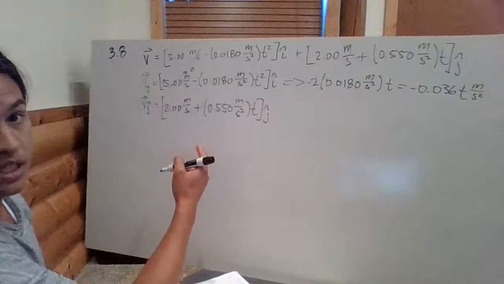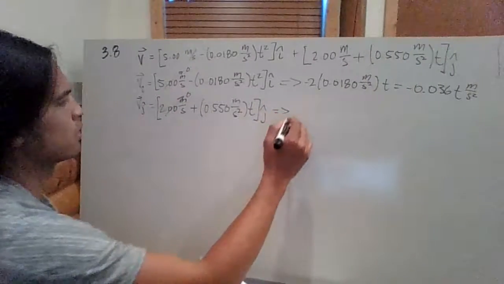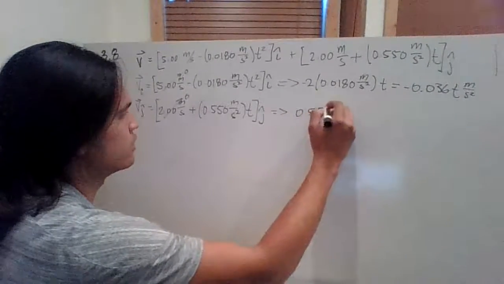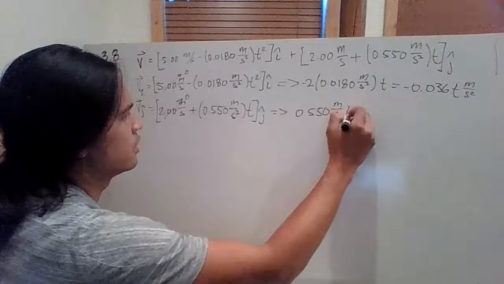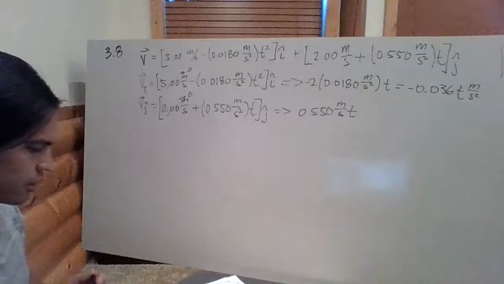Take the derivative of this, and the 2 goes to 0, and we get 0.550 meters per second squared. So that's for part A.